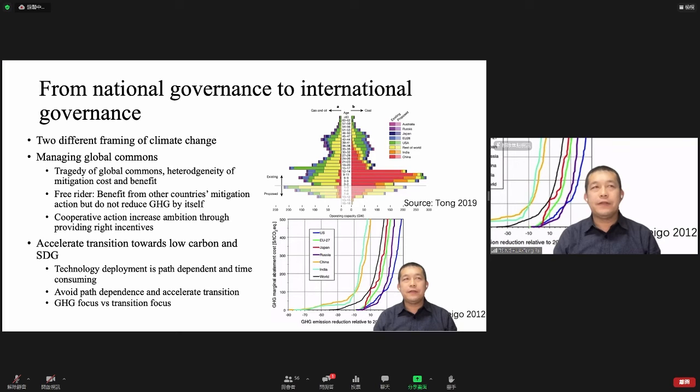And the challenge of this framing is free riding, which means some countries could benefit from other countries' mitigation action without reducing greenhouse gas by themselves. This free riding will be a very important barrier for international cooperation, because if that happens, no one would like to reduce their emission.